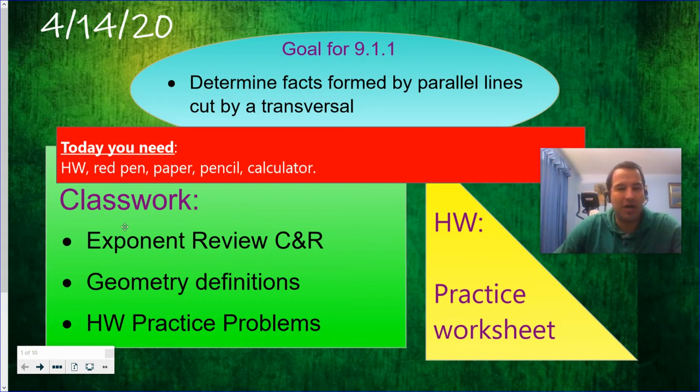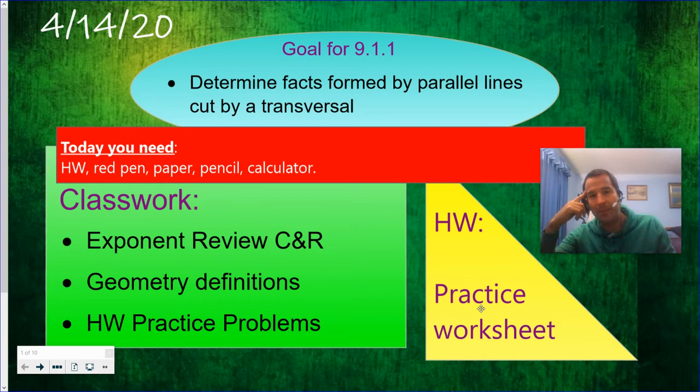Okay, so your homework today is a practice worksheet. Now here's the choice. If you have a printer, it would be awesome to just print it out. That'd be the easiest way to do your homework and just take care of it that way. If you do not have a printer, you've got two options. Option number one is just bring it up on the screen and do it on a separate piece of paper from what you see on the screen. You do not need to have it printed to do it correctly and to get it done.